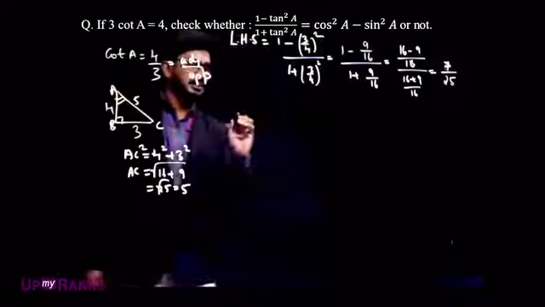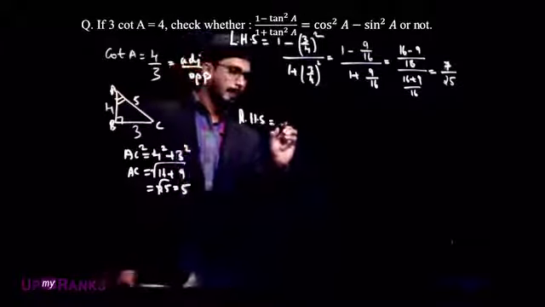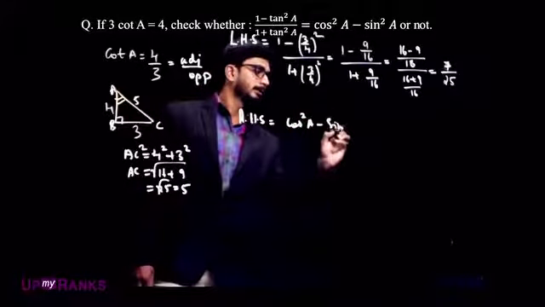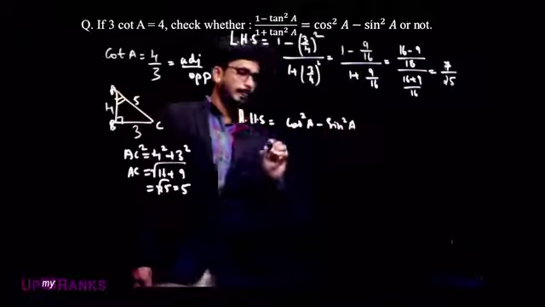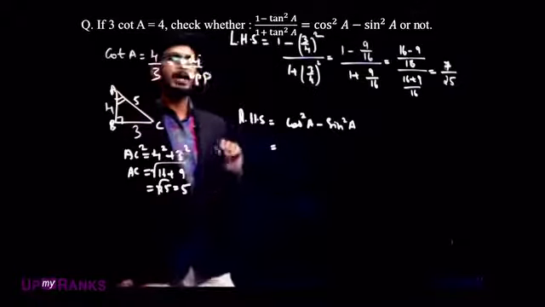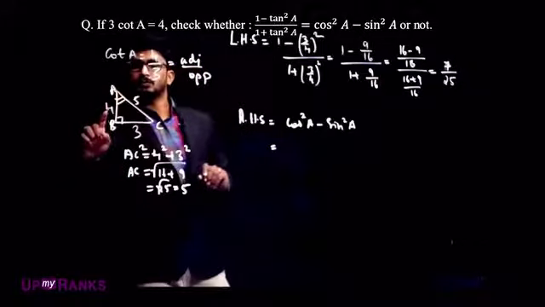Let us see the RHS. RHS is nothing but cos square A minus sin square A. In this, what is cos? Cos is nothing but adjacent by hypotenuse, which is 4 by 5.